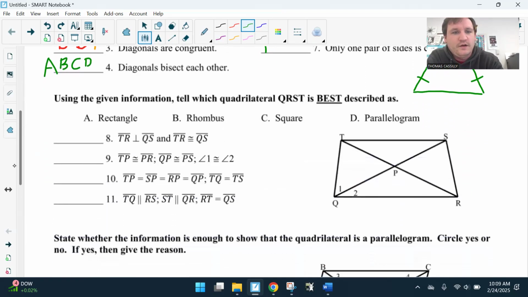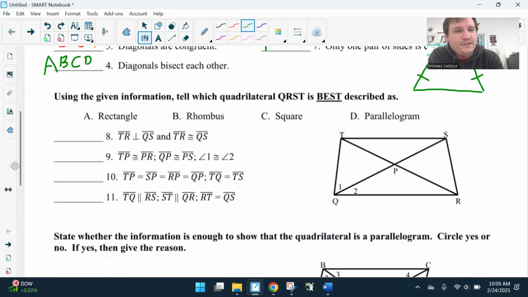Let's see here. Using the given information, tell which quadrilateral QRST is best described as. What we have here is TR is perpendicular to QS. So where is TR? These diagonals are perpendicular. Just on that information alone, we know it has to be either a rhombus or a square, because those are the only 2 in this list where the diagonals are perpendicular.